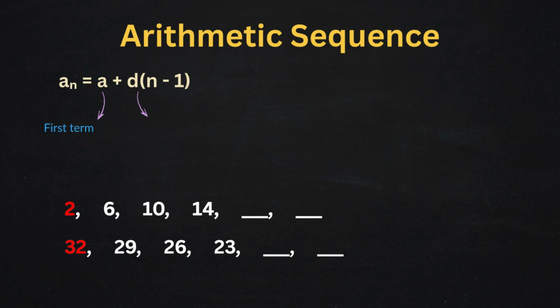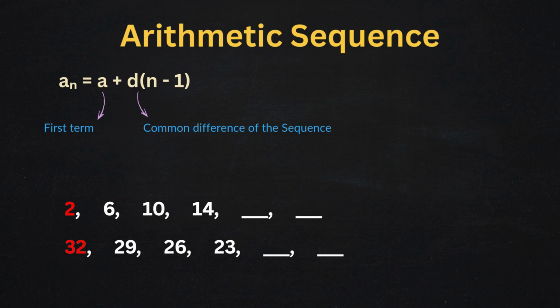Next, D is called the common difference. Remember, we just learned that an arithmetic sequence has the same number added or subtracted each time to get the next term. This amount by which the sequence increases or decreases every time is called the common difference and denoted by D.